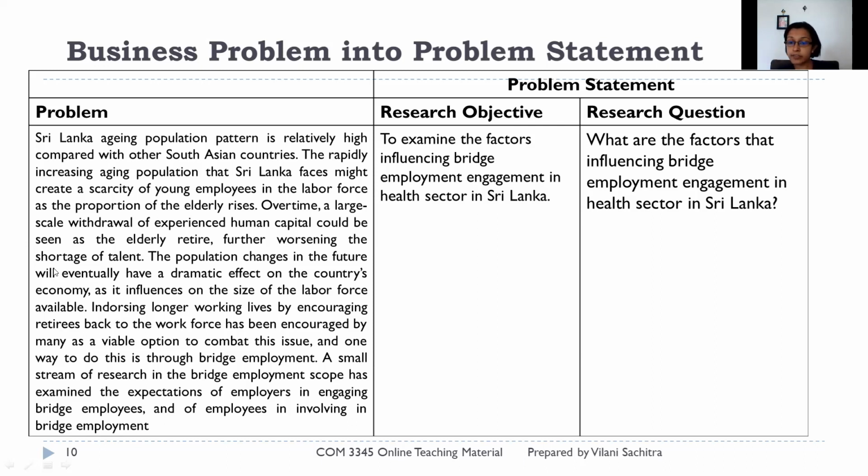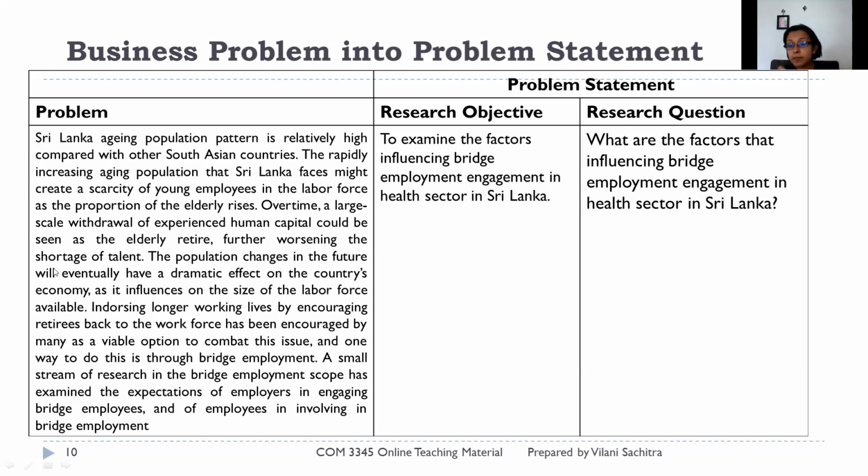That's what we call bridge employment. So an aging population creates issues for society, and there are also options to overcome those issues. One way to do this is through bridge employment.